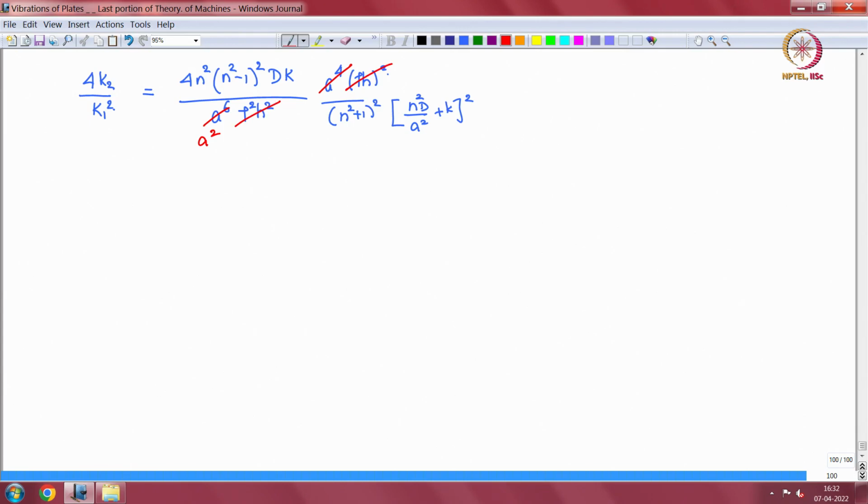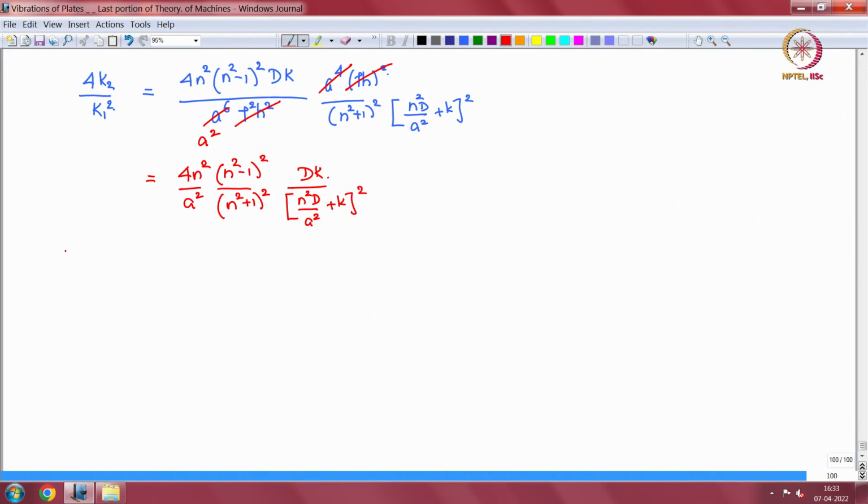Okay, so I get 4n squared by a squared, (n squared minus 1) whole squared by (n squared plus 1) whole squared, D into k by (n squared D by a squared plus k) whole squared.